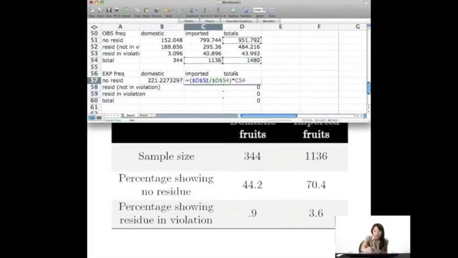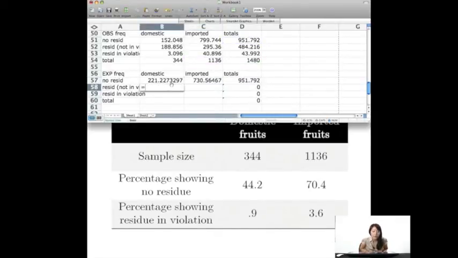And here we do the same thing, and I've just copied and pasted across, and Excel will just magically figure out what to do. It's going to go to the right. So this is the rate of no residue over total fruits times the total number of imported fruits. All right. Then we find the rate of fruits that have residue but are not in violation, which is this total over the grand total.